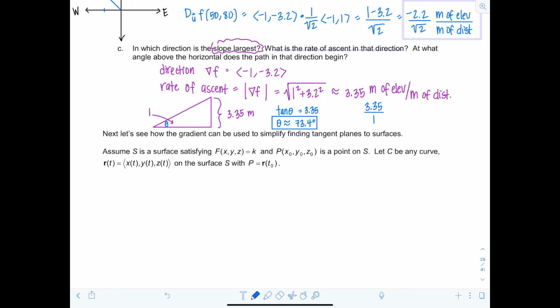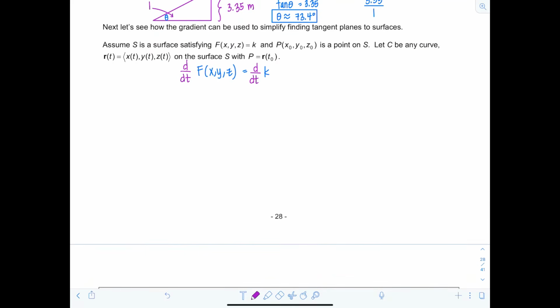And now C is any curve which I can represent parametrically. So I'll call it r of t with components x, y, and z, all functions of t. And this curve C lies on the surface. Okay? Now say I want to differentiate f with respect to t. So I have my function of x, y, z equal to k, and now I want to differentiate it with respect to t.